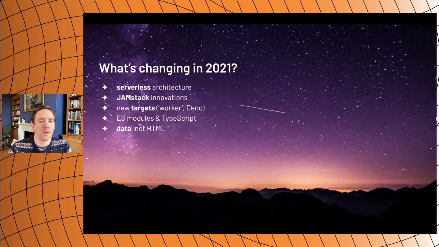And more, I think we're seeing a move towards talking about data, not HTML. Not just the fully rendered page, but actually all the data that makes up the page, and figuring out how best to create interactive experiences that depend on that data, rather than just pre-generating, say, a page of HTML.